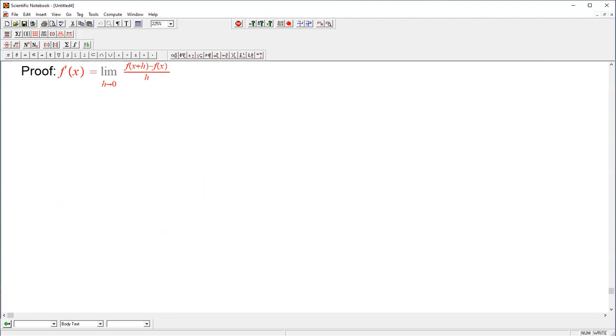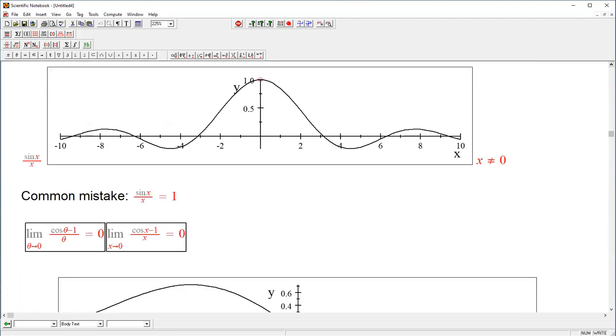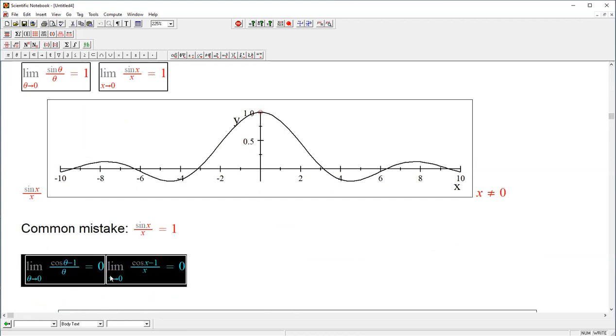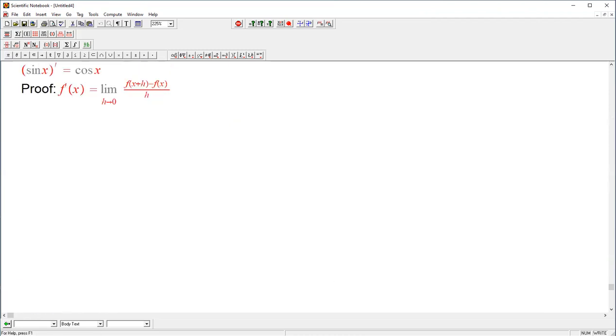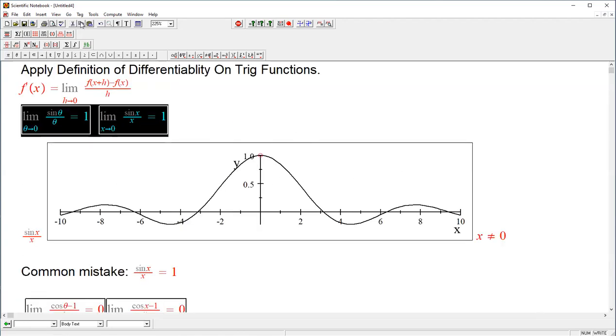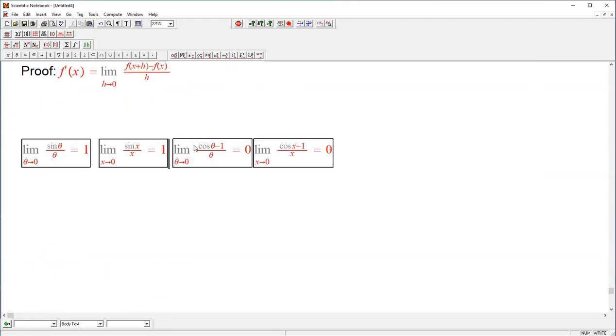And of course we need these two identities for our application. The first one, I'm going to put it at the bottom, okay? And the next one are these.